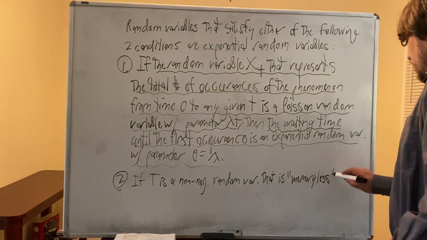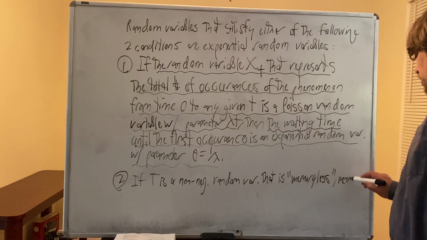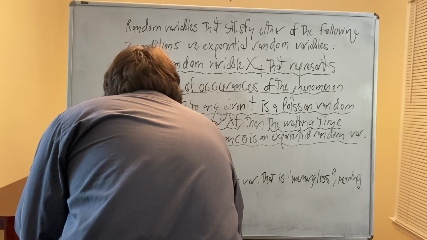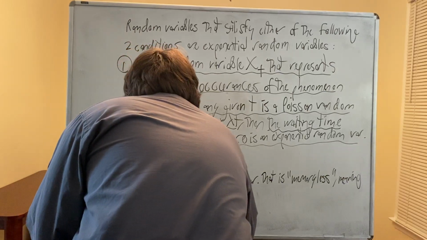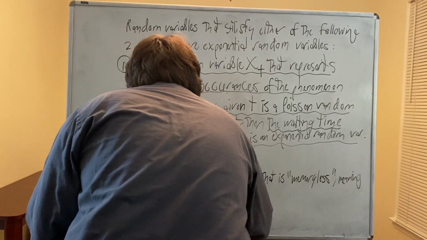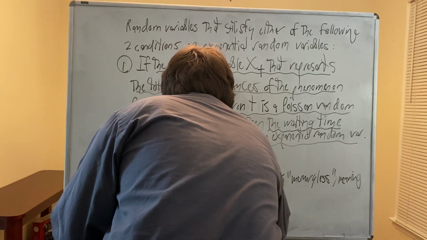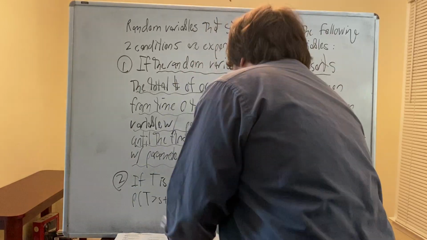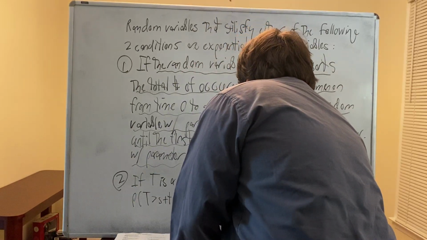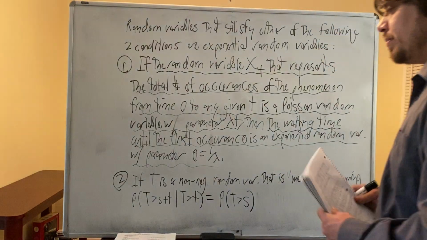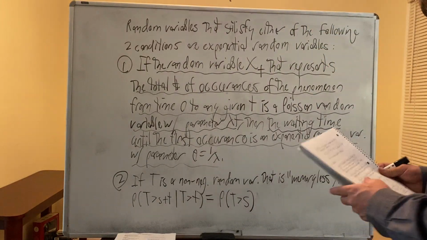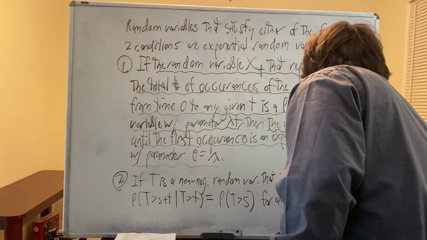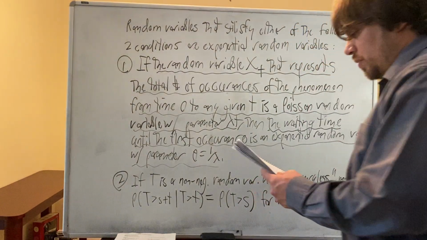It is memoryless, meaning the probability of capital T greater than little s plus little t, given that capital T is greater than little t, is equal to the probability that capital T is greater than little s, for all s, t greater than or equal to 0.